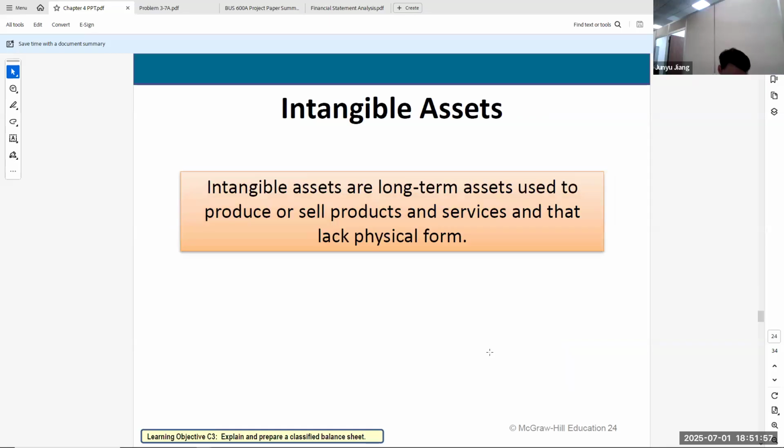Don't worry about intangible assets. Here's an example of an intangible asset. If Coca-Cola has a copyright on their name, which they do, that's an intangible asset. That copyright of that name, Coke, Coca-Cola, is given an economic value.